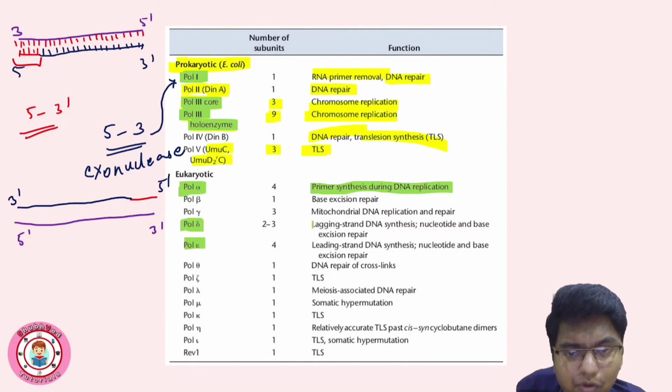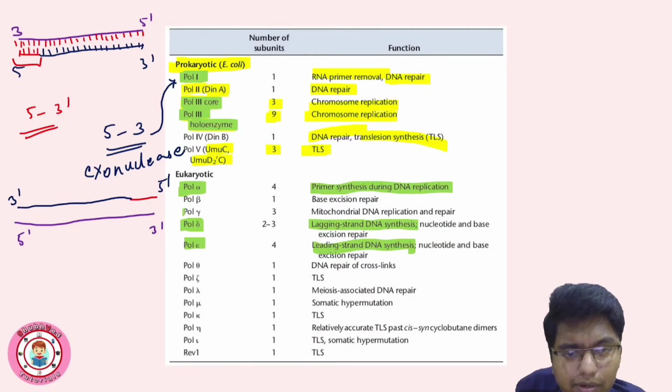Delta is for lagging strand DNA synthesis, Okazaki fragments. Nucleotide and base excision repair are all important for repair, but this is important for the lagging strand. Polymerase epsilon is important for leading strand DNA synthesis. All the other enzymes are important for repair.